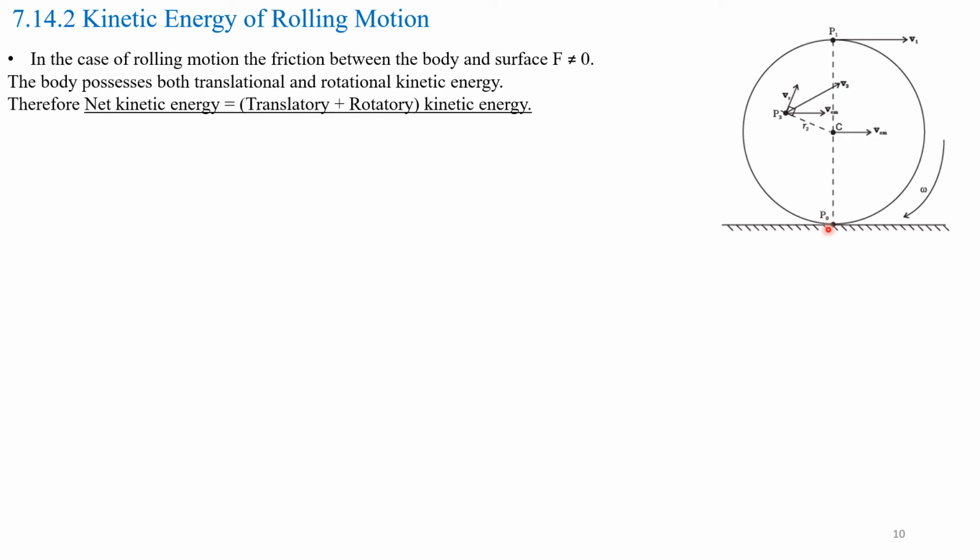So the friction is not equal to 0. The body possesses both translational and rotational kinetic energy. Therefore, net kinetic energy is equal to translatory plus rotary kinetic energy.